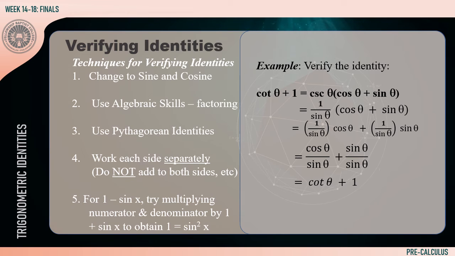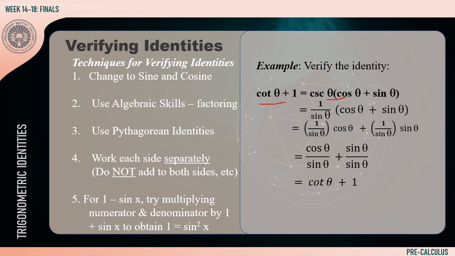Okay, example. Identity: cotangent theta plus 1 is equal to cosecant theta times cosine theta plus sine theta. So, kung tanawin natin, mas simple ang left side sa equation. So, ang kinanglan natin ang side of the equation nga dapat ang cotangent theta.